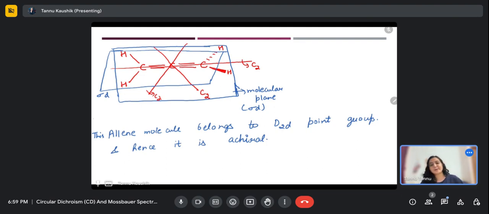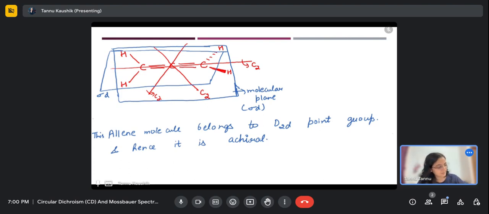Now, if we substitute one of the hydrogen atoms with any other functional group, let's say a methyl group, what will be the symmetry of that particular molecule? Will it still be achiral, or will it change into a chiral molecule?